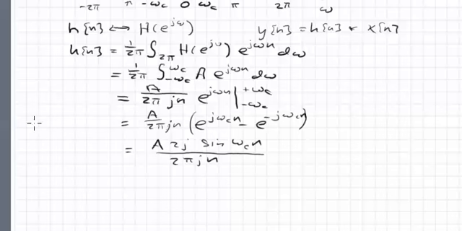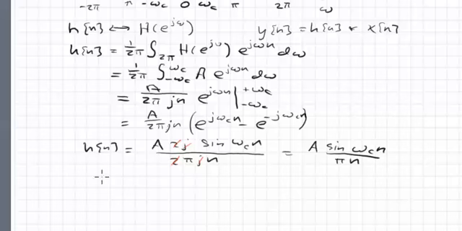And of course, the things that cancel, the 2 and the j cancel. And we end up with a sine omega c n divided by pi n. All right, that's our result for h of n.